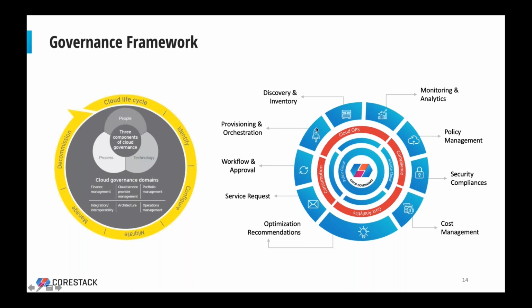We've created a modularized framework, which we call the 4Cs of cloud governance. It's cloud operations, which focus on getting access, so asset management, discovery, getting access to all the infrastructure, as well as automation, implementing automation tools to streamline the provisioning and orchestration, and streamline the monitoring services, which rolls into compliance.